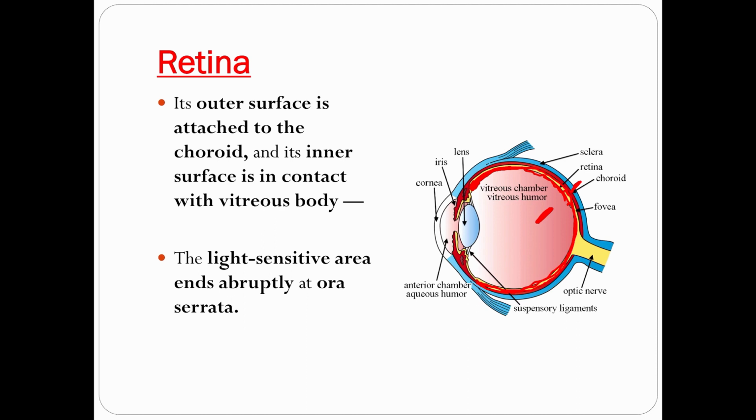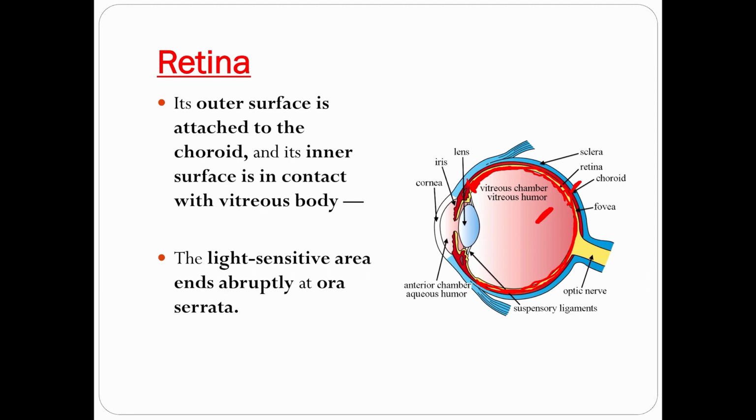And you see that there is a point where the light sensitive area abruptly ends and becomes continuous with the light insensitive area, the pigmented layer, that is called the ora serrata. At the ora serrata it is overlaid by the ciliary body, because from here will start your next 1/6, the sixth 1/6, where retina itself is not present, but the representation is there.